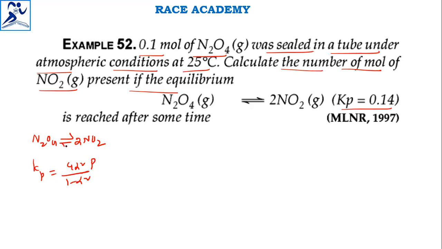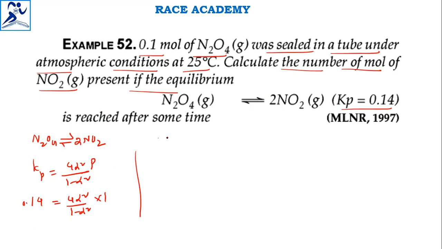You can directly write it. And if you substitute the Kp value, 0.14 is equals to 4 alpha square by 1 minus alpha square, as P value is 1. Atmospheric conditions pressure is 1 only. Okay. After that, you can do cross multiplication.